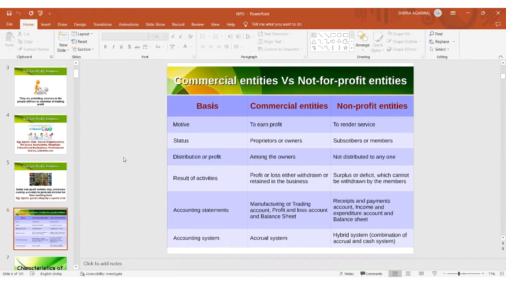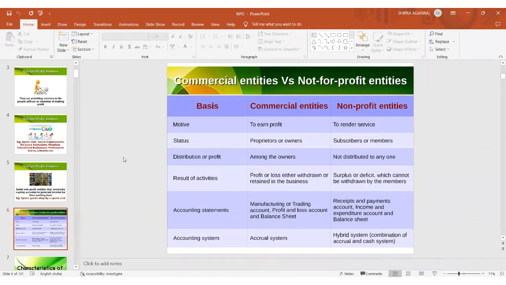Now, if I talk about the accounting statements, the financial statements that are to be prepared, see, in case of commercial entities, we prepare, remember, the manufacturing or the trading account, the profit and loss account, and the balance sheet, right? But in the case of NPOs, we don't have any trading or P&L account because their basic objective is not to earn profit.